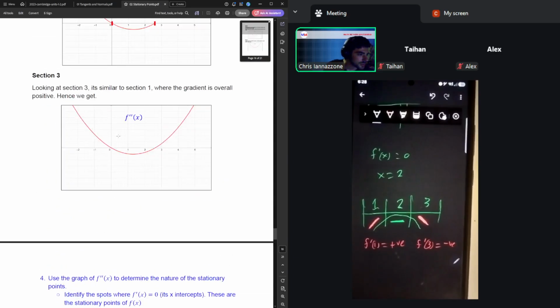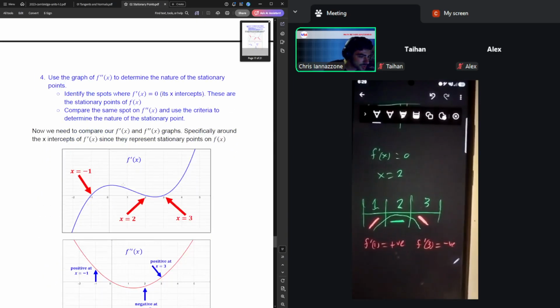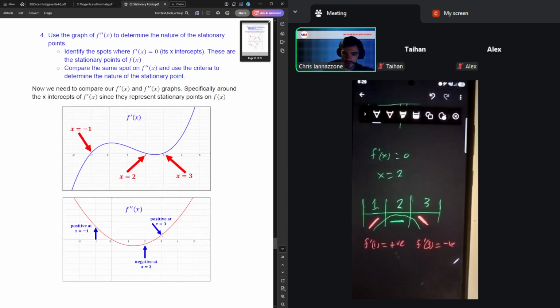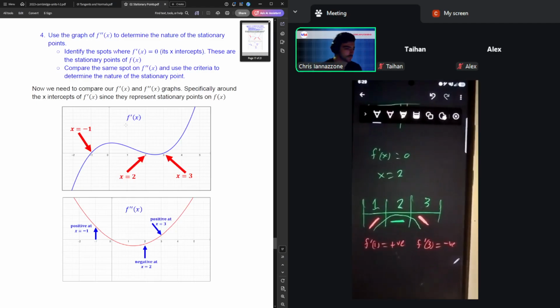Why do we care? Why don't we just find the double derivative? Well, we can now use this to, again, use the whole positive, negative, 0 thing to figure out the nature of the stationary point. So if we look at our f dash, any x-intercepts on that are stationary points of the original. So there's a stationary point at -1, +2, and +3 of the original graph.